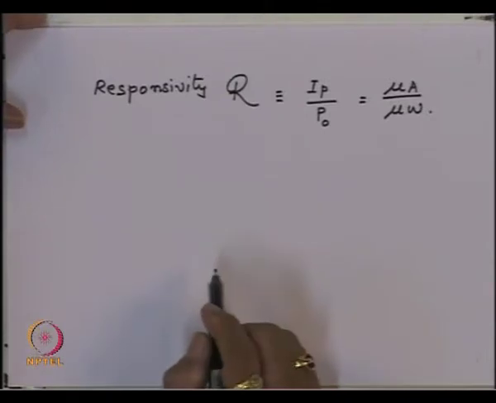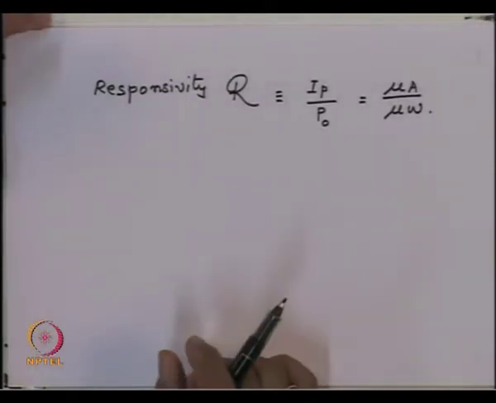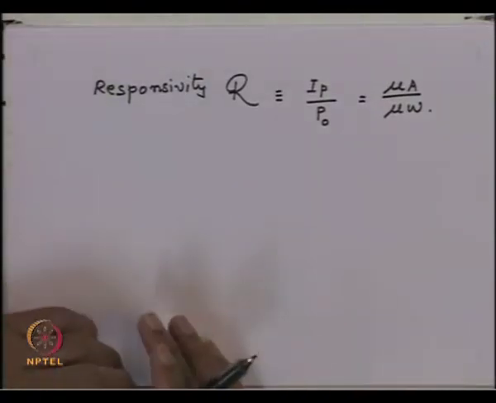One can also define a parameter called the quantum efficiency for this device. Recall that when we talked about the quantum efficiency for light generation, we had said the efficiency is equal to the number of photons generated divided by the total number of electron hole pair recombinations. Here, since we are now generating electron hole pairs from the absorption of photons, the quantum efficiency will be defined as the total electron hole pairs generated divided by the total number of photons incident.